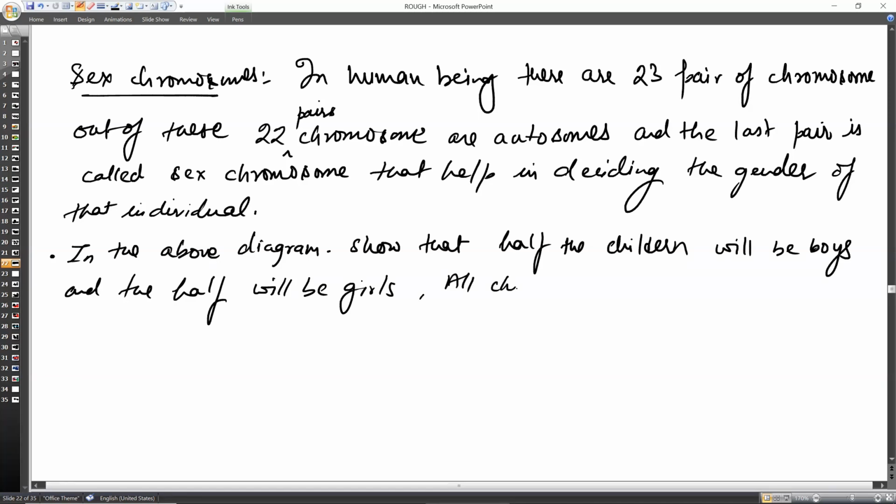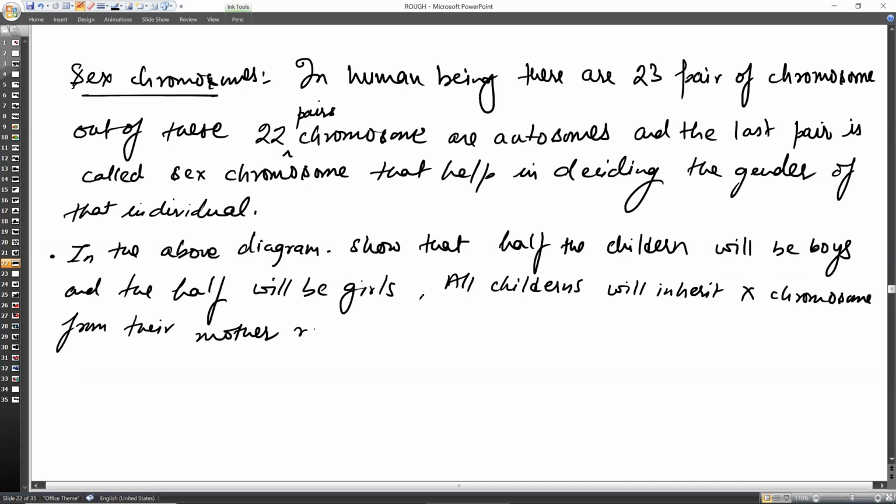All children will inherit the X chromosome from their mother, regardless of whether they are boys or girls.